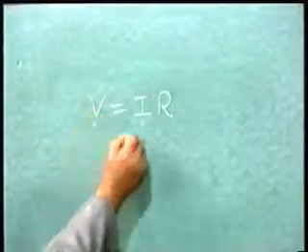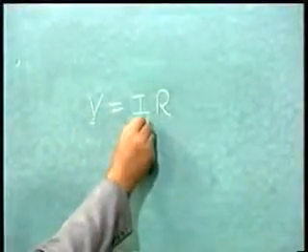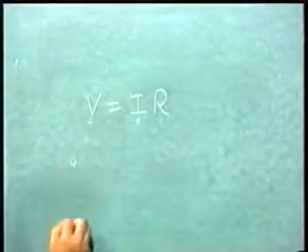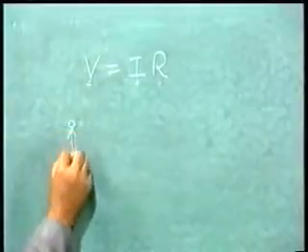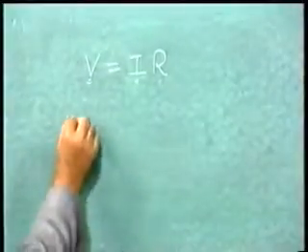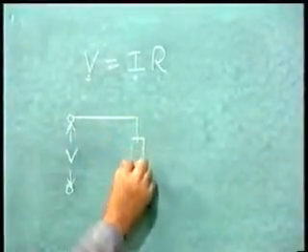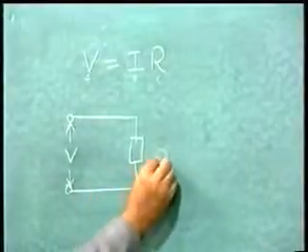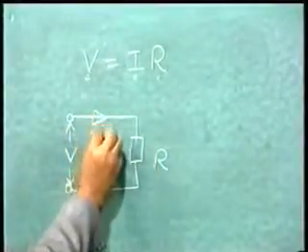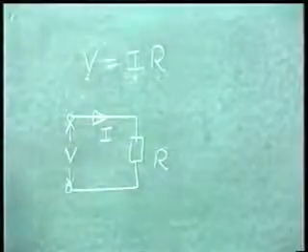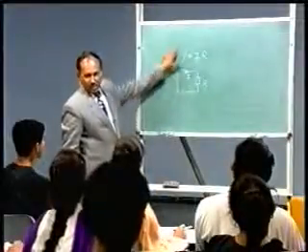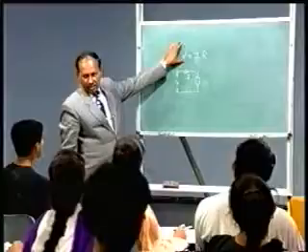You have a voltage V, a current I and a resistance R. Can we not represent this with the help of a circuit? V is applied across a resistance R through which a current I flows. Yes, so this is the equivalent circuit of V is equal to IR.